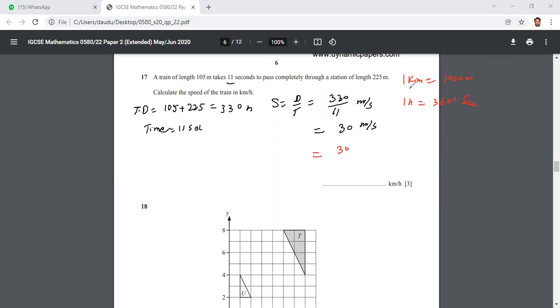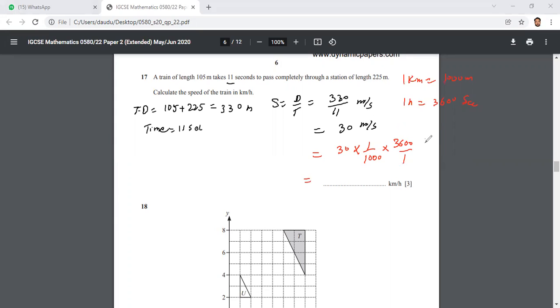Look, smaller unit to big unit. So 1 meter we have 1 over 1000, and I'm writing second in up. Basically it is 1 over 3600, but next step you write 3600 over 1. And then you just simplify and calculate it.